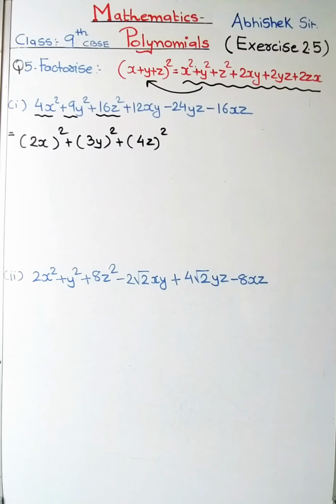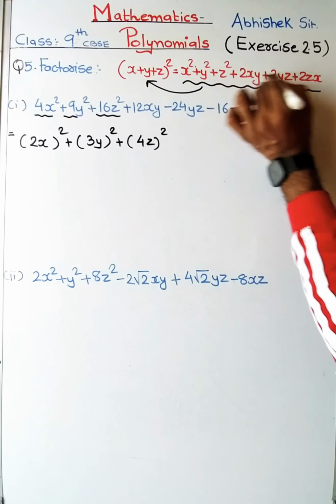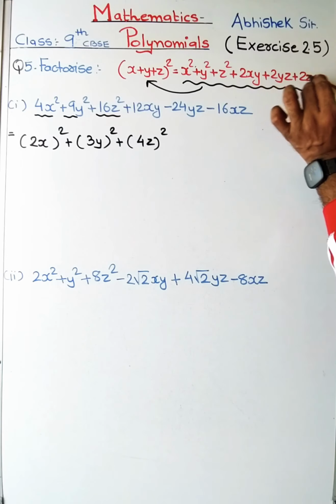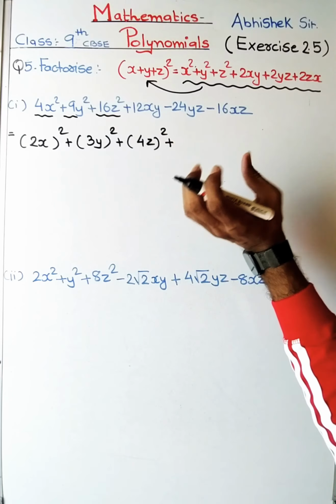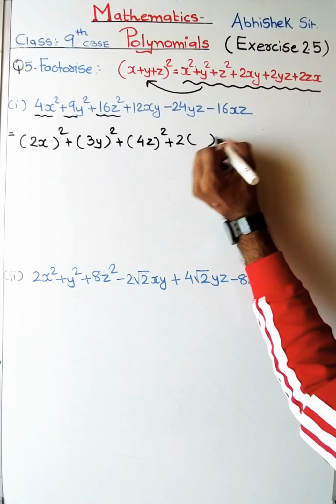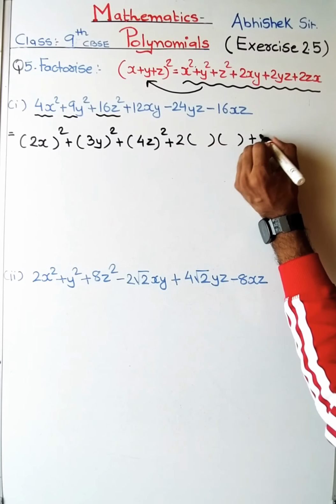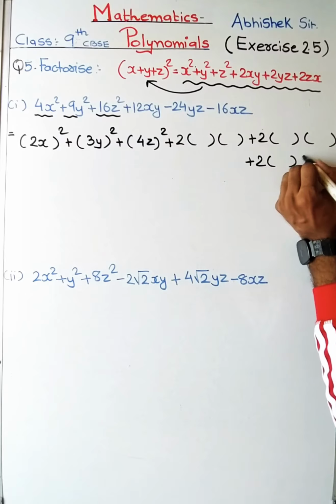Right? Now the important thing is that the next three terms I am also writing in this manner only: plus 2xy plus 2yz plus 2zx. But again you have to leave some space for the negative sign. So 2 into the first two bracket plus 2 into next two bracket plus 2 into another two bracket.